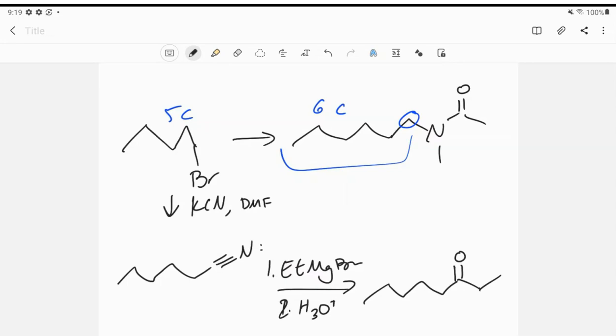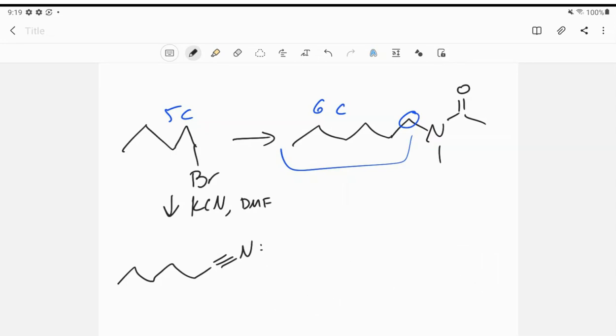So is that closer to what we want? Well, technically, if you don't do the water wash, it will end up as an imine, but even so, the nitrogen is now up here. So we're not going to want that. So, okay. No Grignard. Let's try again.